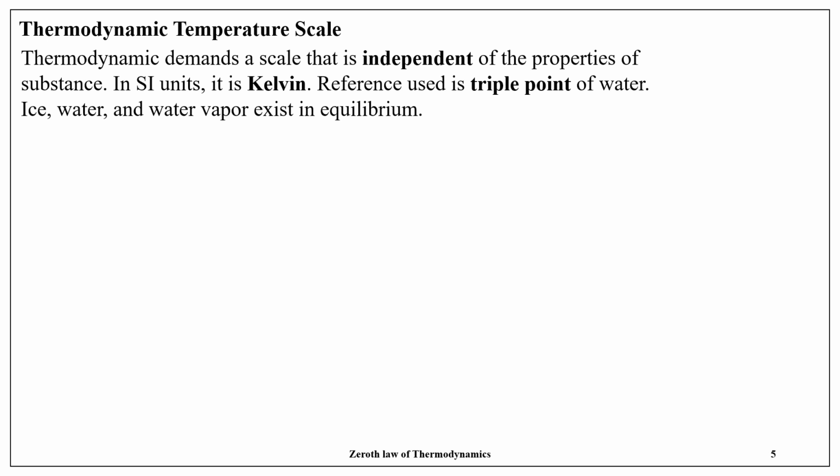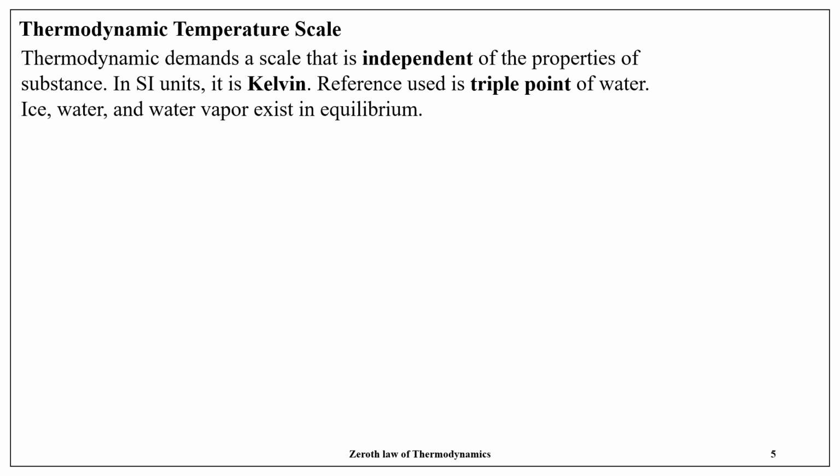So what are the properties of the substance? For the ice point, we arbitrarily assume 0 degrees Celsius, at one fixed pressure. Suppose the pressure of water is not equal to 1 atmospheric pressure, the value of the ice point will differ.